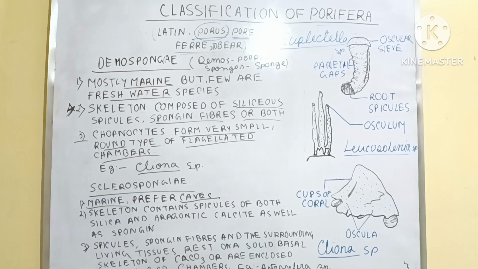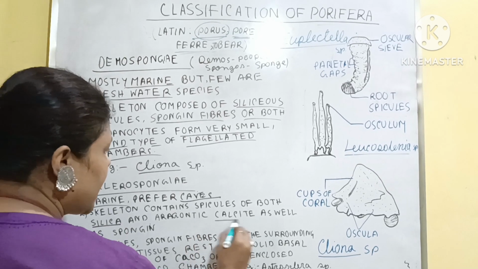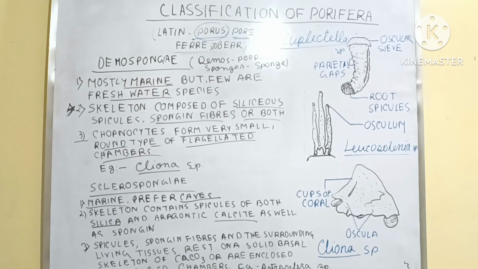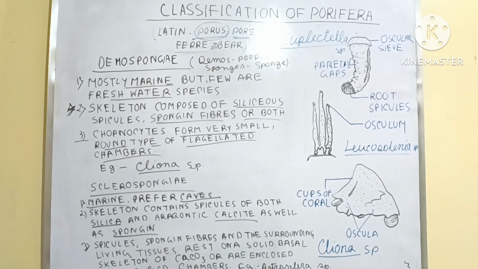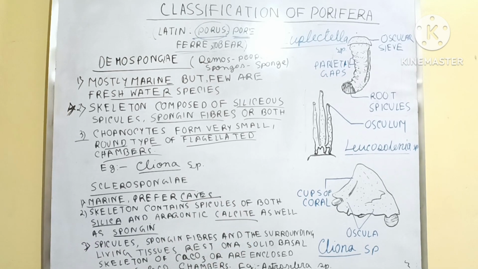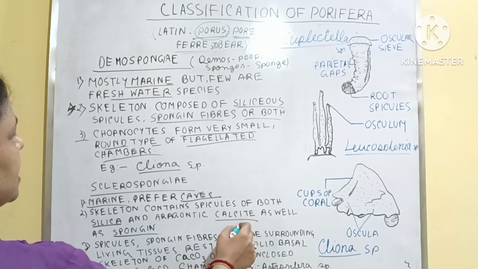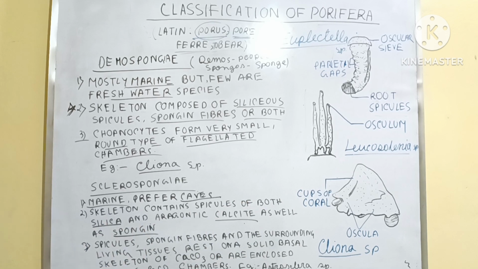And the skeleton here is made up of silica and sometimes calcite or spongin. Spongin, one kind of protein you can say. So the spicules of the skeleton are made up of silica, calcite or sometimes spongin.